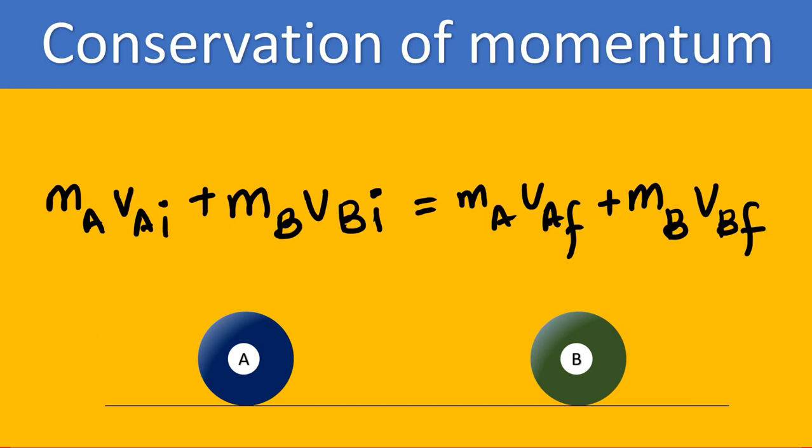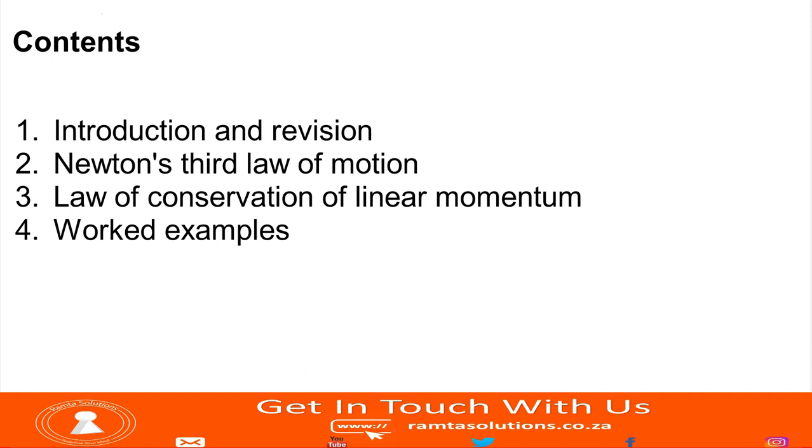We are still continuing with momentum and impulse. Today we are looking at conservation of momentum. So in this video, as usual, we're going to introduce the reasons why we are dealing with conservation of momentum.